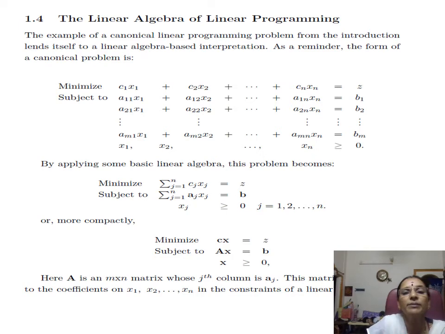The linear algebra of the linear programming structure. Already we said minimize CX, where C is the cost matrix and capital X is the variable matrix. It is a 1 by n matrix because we are using variables 1 to n.